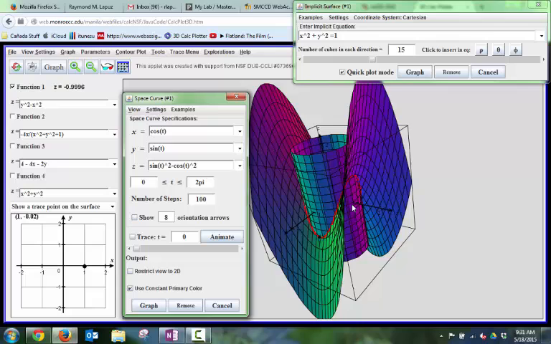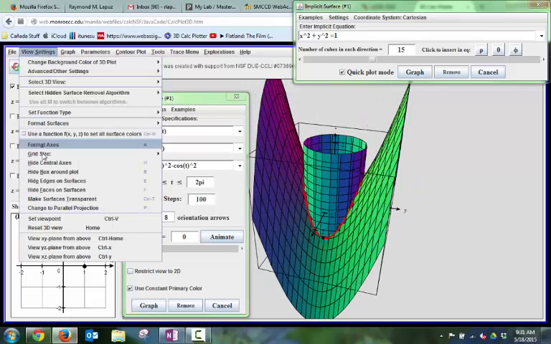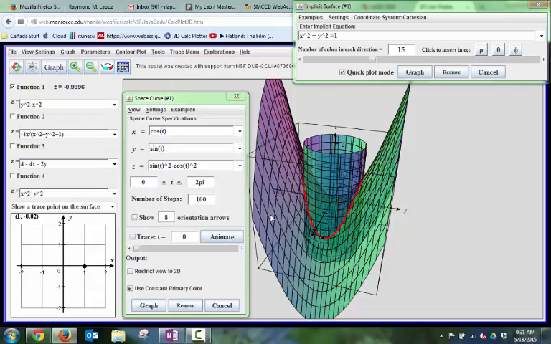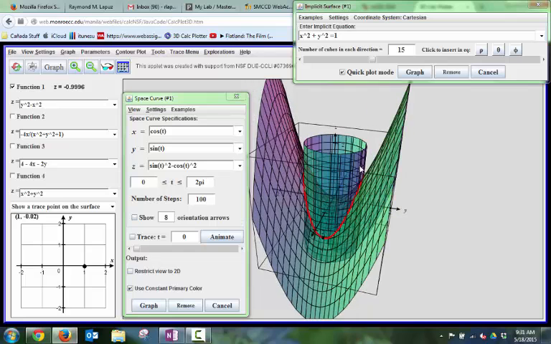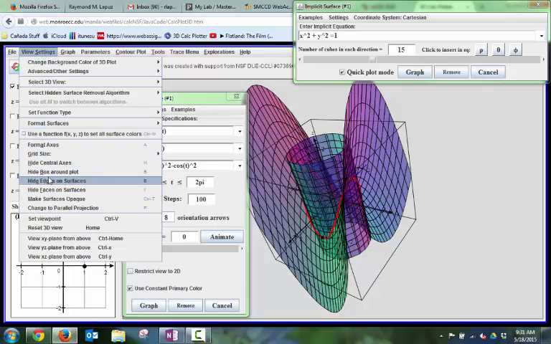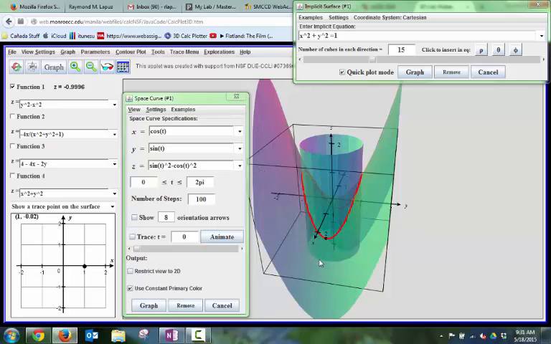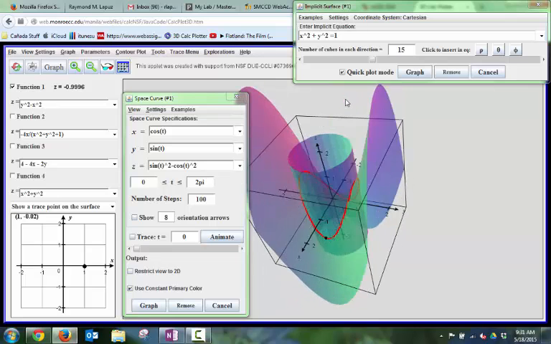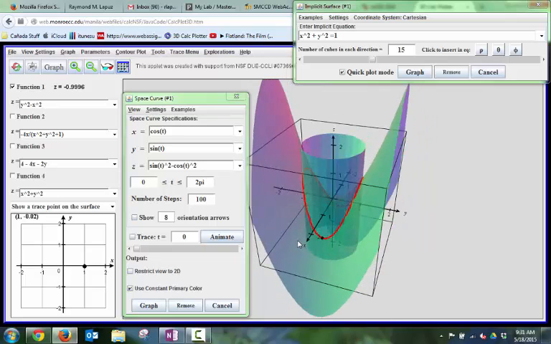And let's hit graph. Maybe we can make the surfaces transparent. We can see the curve there, and maybe an even better shot is to get rid of the surfaces. Let's see if we can get rid of the wires for the surfaces. And there goes a curve that we would have had to parameterize had we tried to do the line integral directly.